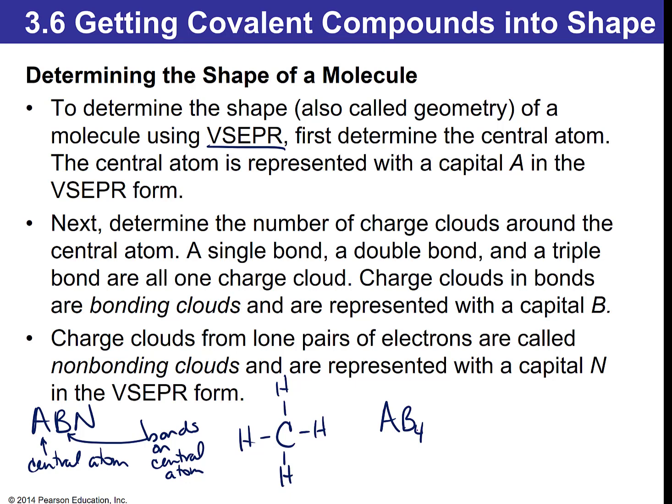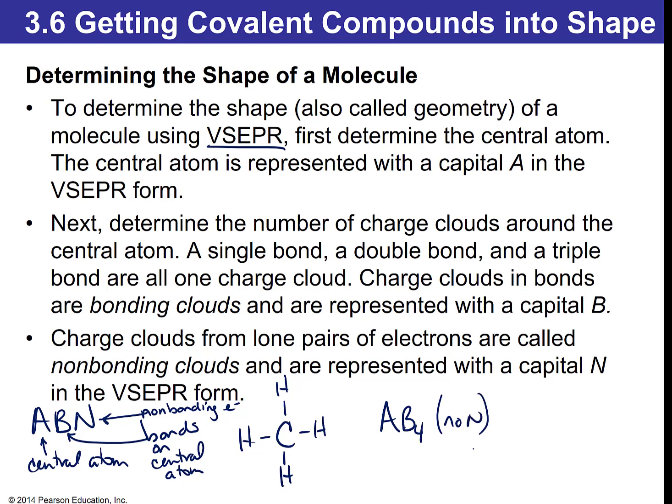No, because it always uses its 4 electrons to form bonds. They might be double bonds or triple bonds, but they're never going to be off by themselves. Carbon never has lone pairs. And so N would be non-bonding electrons, and they'd be pairs, not just one. So there's no N in that molecule.